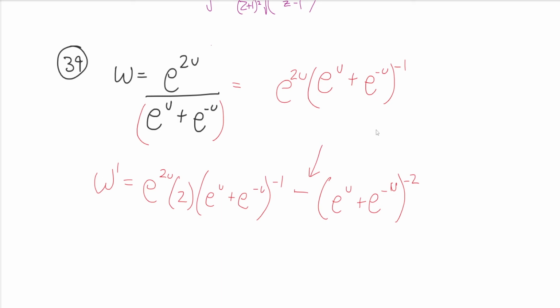That's where that minus came from, because it's supposed to be plus, but because it's negative 1 coming down in that derivative, we end up with a minus. And now we have to take the derivative of the inside, which is just e to the u minus e to the minus u, right?